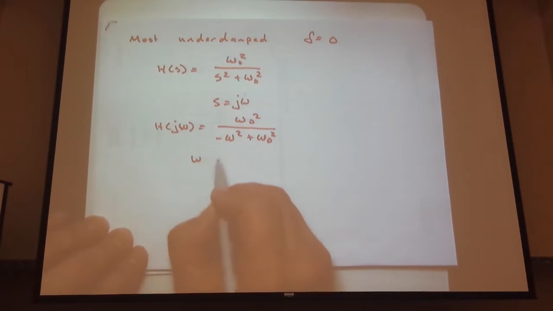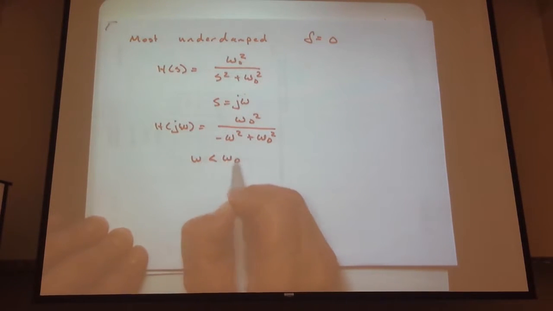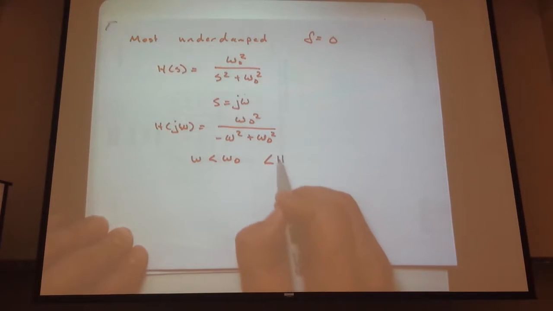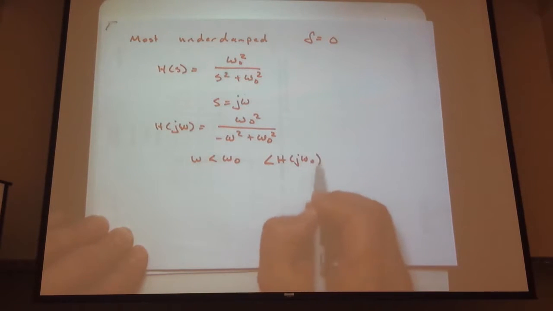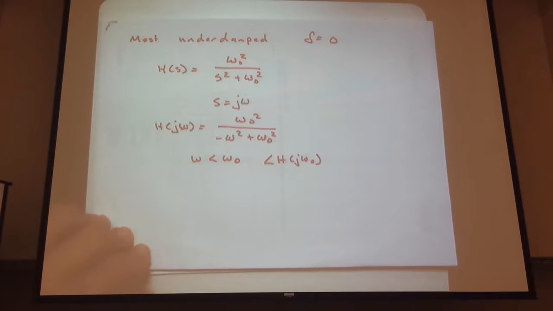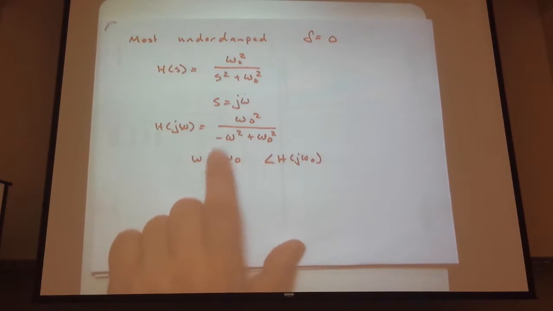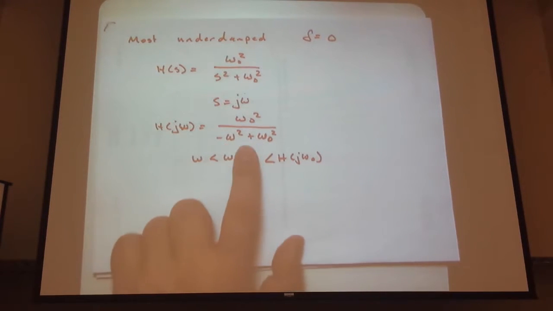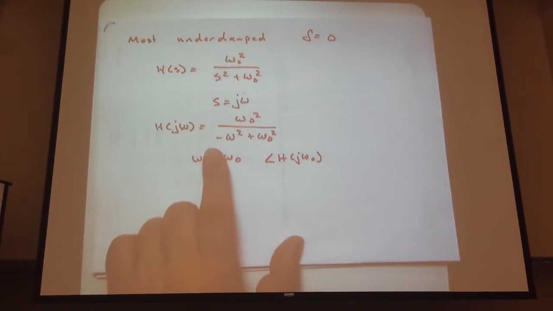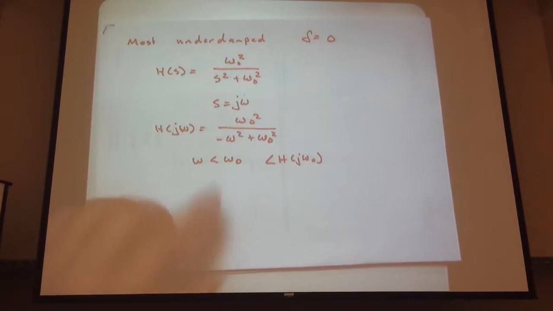For omega less than omega naught, angle of H of j omega is what? Well, if this is less than this, what's the sign of the denominator? It's still a real value. It's positive.